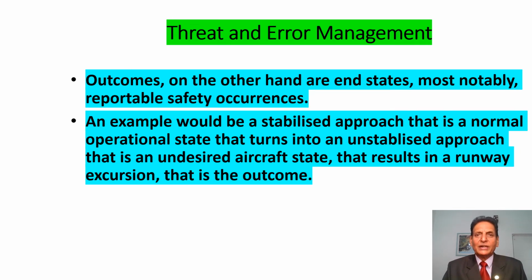Outcomes, on the other hand, are end states, most notably reported safety occurrences. An example would be a stabilized approach, that is a normal operational state, that turns into an unstabilized approach, that is an undesired aircraft state, that results in a runway excursion, that is the outcome.